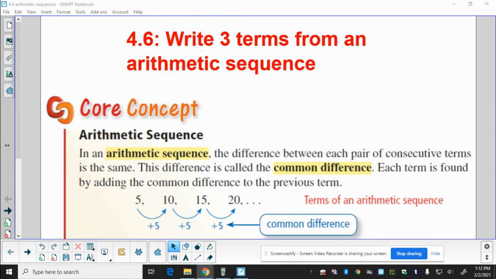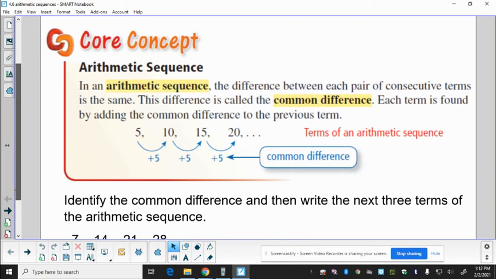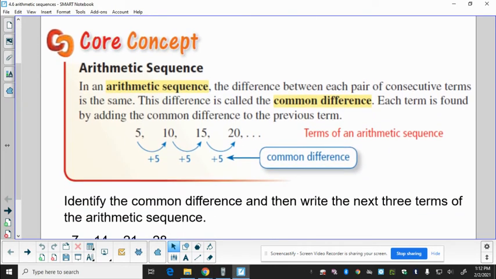Let's try to understand what an arithmetic sequence is and how to come up with the next few terms. So we have a definition here, as everybody can see.